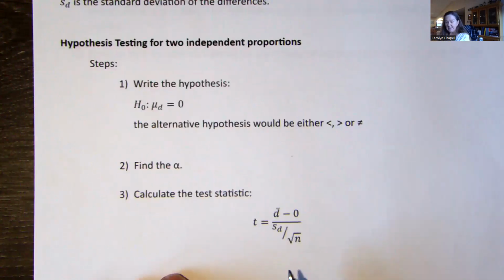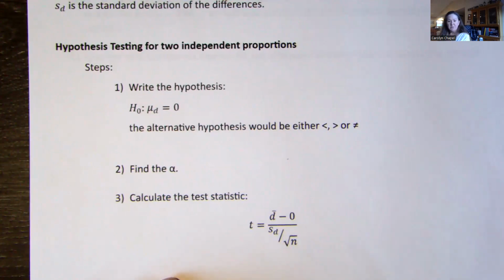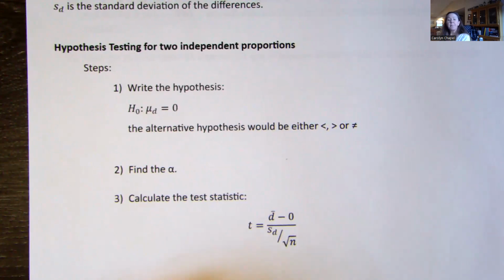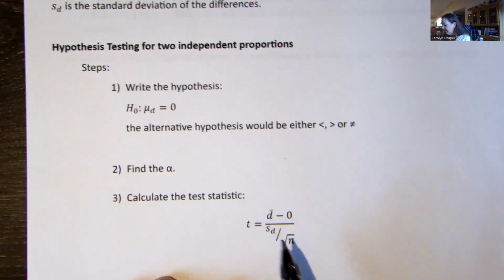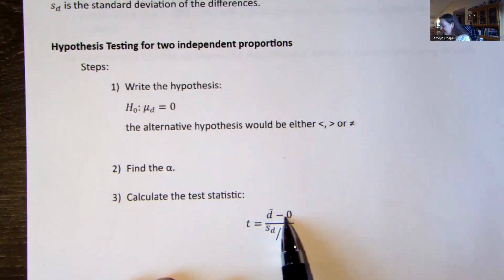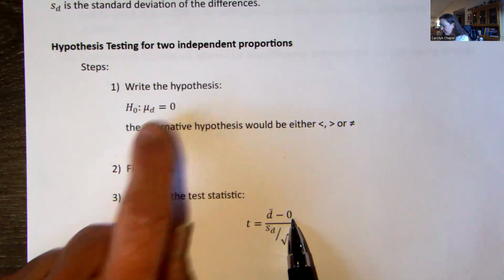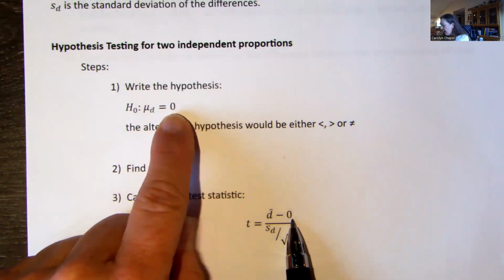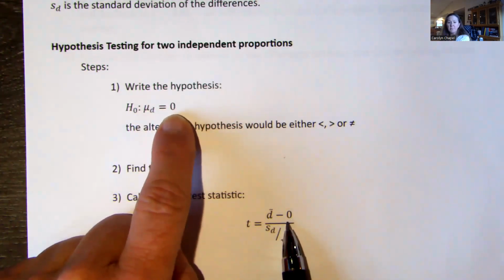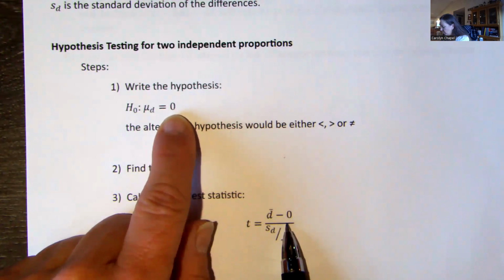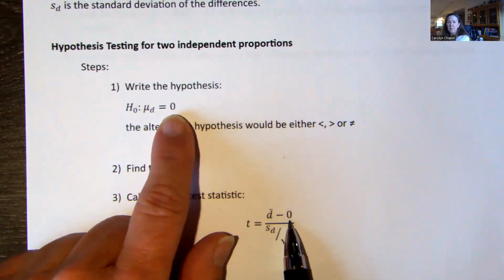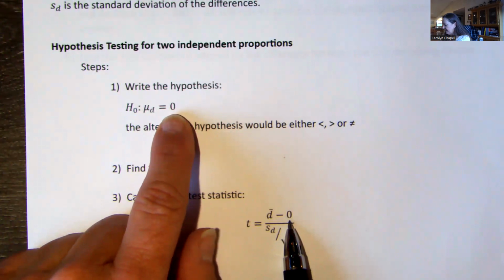Our test statistic, which looks similar to some of the stuff we saw in the confidence interval, is our d bar minus the 0. This 0 refers to this 0. In the real world, this may be some other value, but again, we are just getting a taste of all of these ideas.